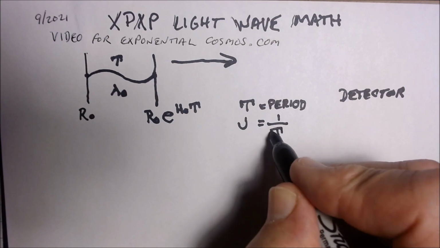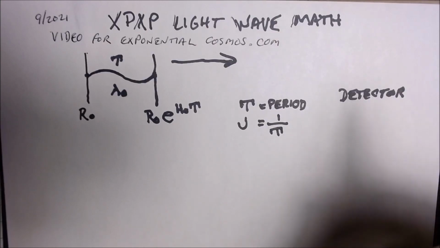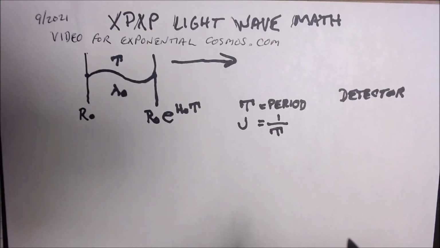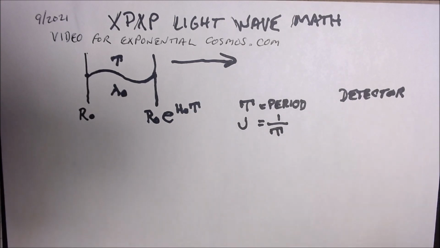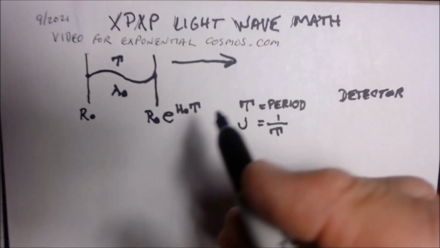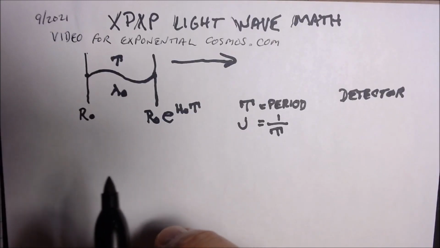Now there's a little problem with the standard model in that these equivalencies don't always work out as they should, and this will rectify everything.